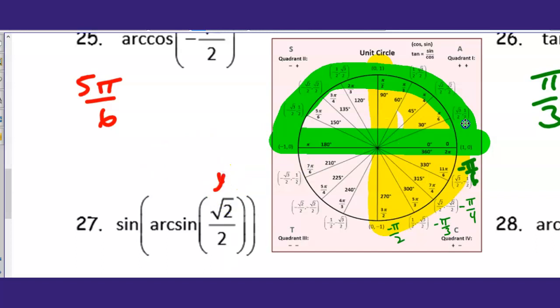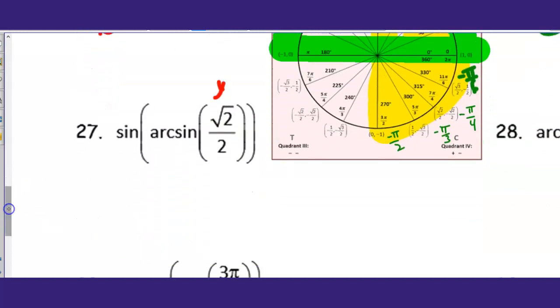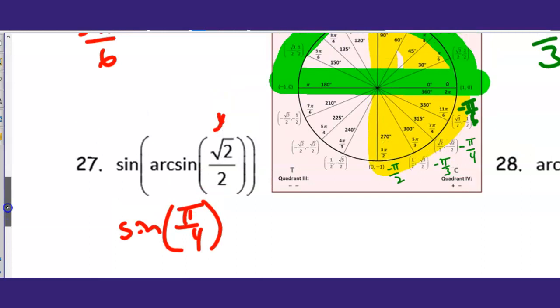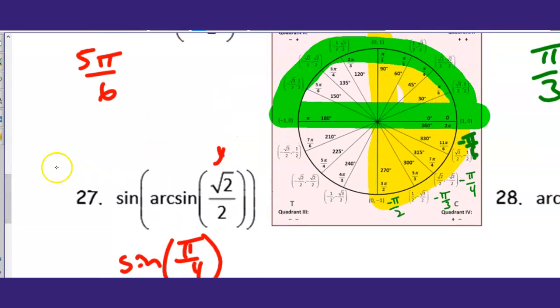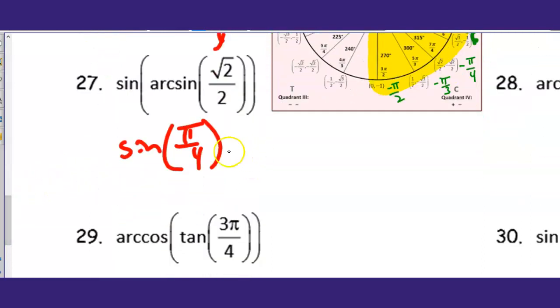So where's y radical 2 over 2? Right there, pi over 4. So this answer right here is pi over 4. But I gotta find sine of pi over 4. If I look back at my unit circle, sine of pi over 4 is radical 2 over 2. So there's our answer, radical 2 over 2.